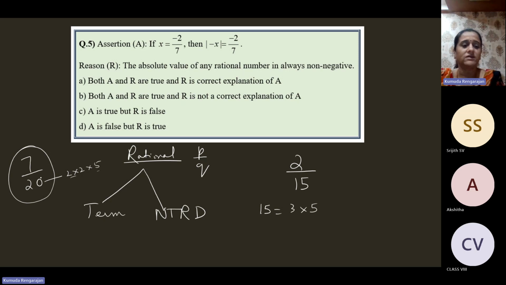I'll just repeat that. 7 by 20 is a P by Q in its simplest form. If it is not in the simplest form, you have to reduce it first. That is the first step. Next step, look at the denominator and find its prime factorization.